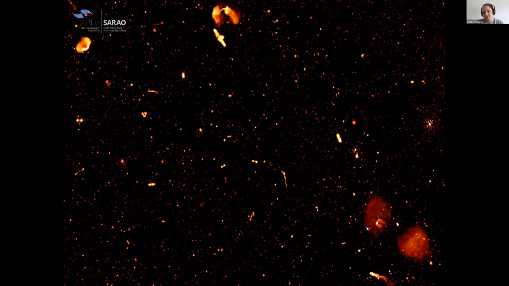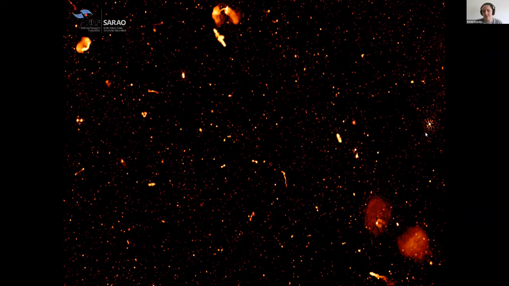you're also picking up the more diffuse emission. So for example, these are lobes of a dying radio galaxy. You're picking up regions of diffuse emission, but you're also picking up some weird and wonderfuls. There are radio galaxies in here with a bunch of different morphologies, ring sources. But here's an example.